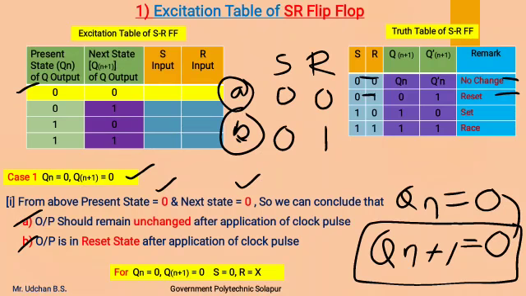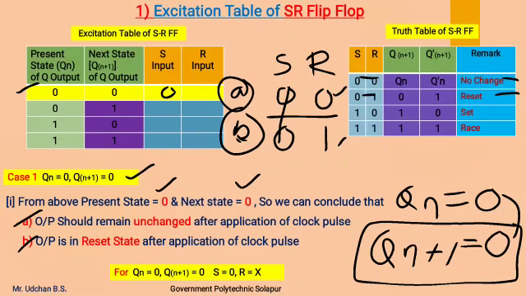Now if you observe these two input combinations of S and R, for both the conclusions S is the same, that is 0, so I will write 0 over here, whereas the R is changing. For the first conclusion R is 0 and for the second conclusion R is 1.